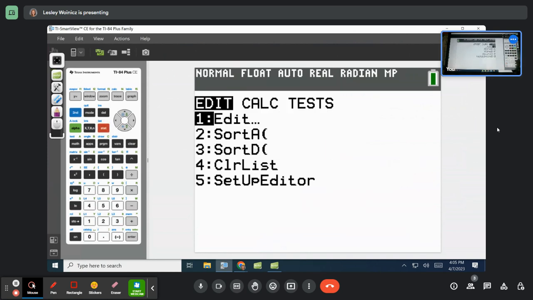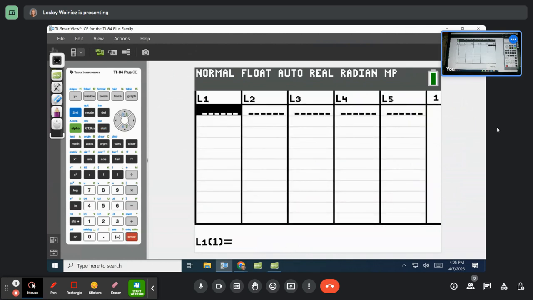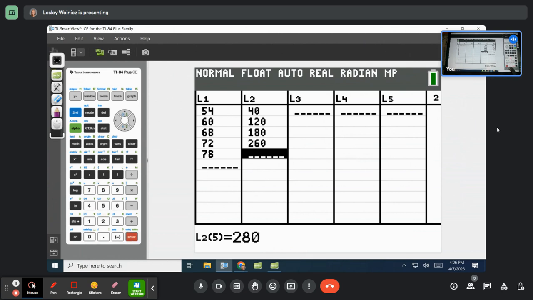Go to stat, edit, and I'm putting in the temperature: 54, 60, 68, 72, and 78. Okay, arrow to the right to list 2: 40, enter, 120, enter, 180, enter, 260, enter, 280, enter.